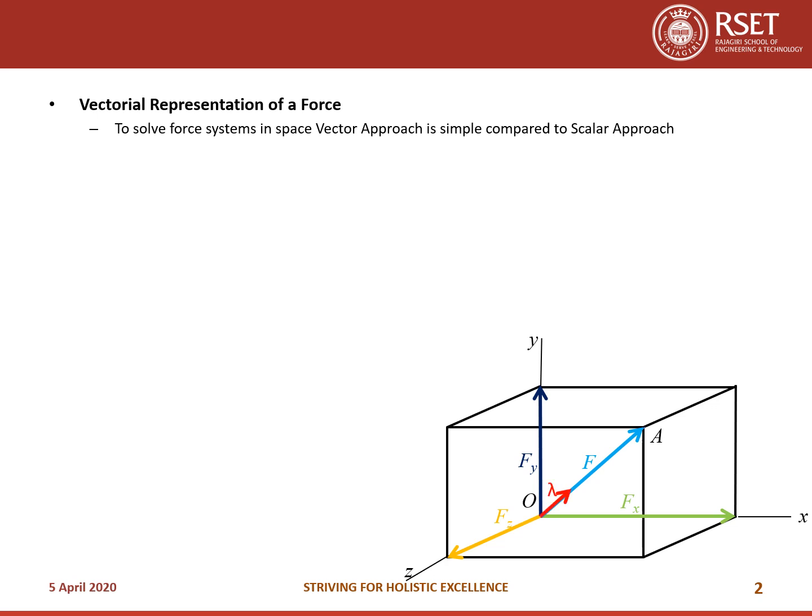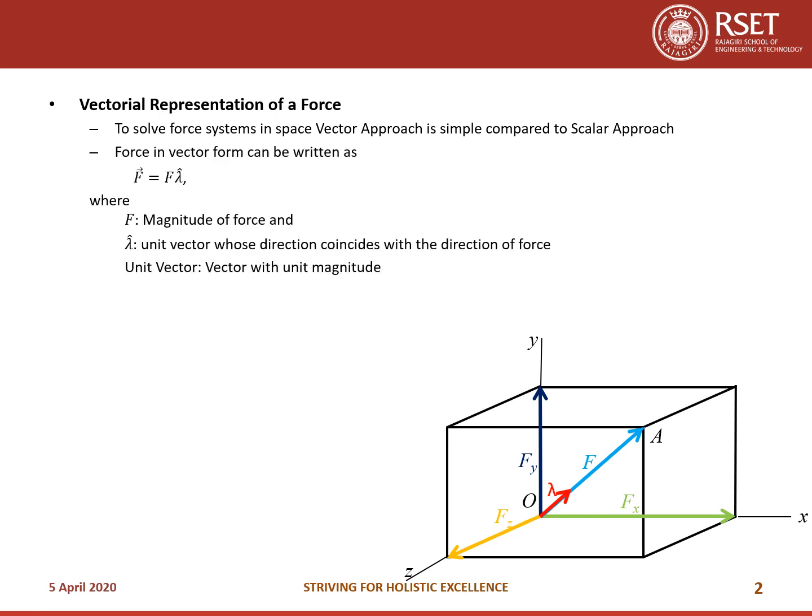Let lambda be the unit vector along the line of action of the force F, or along OA. So you can represent the force in vector form as F with an arrow on top, showing that this is a force vector, equal to F, which represents the magnitude of the force, into lambda with a cap on top, which is the standard representation of a unit vector.